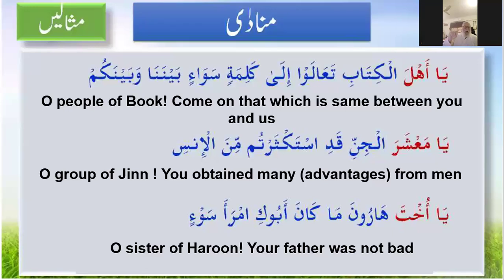Harunu, Haruna, Haruna, Ibrahimu, Ibrahima, Ibrahima, Aishatu, Aishata, Aishata, Makkatu, Makkata, Makkata. Ghair munsarif majroor is always represented with fatha. Harun, though it is showing the fatha, actually it is in the state of jar.